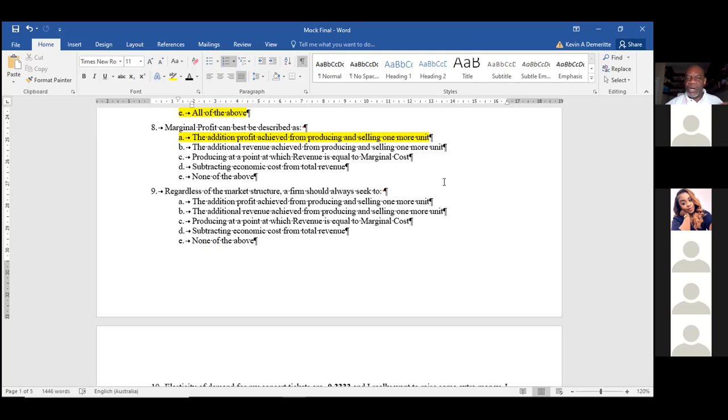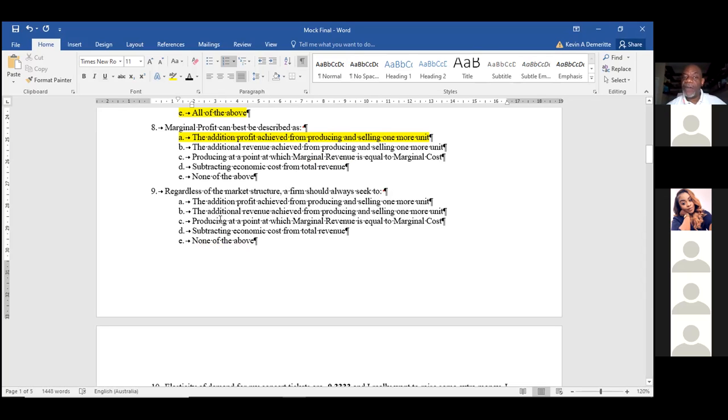Oh, there's an error here. It doesn't make a difference to question 8, but it does make a difference to question 9. That should be marginal revenue, and of course, I've given away the answer.